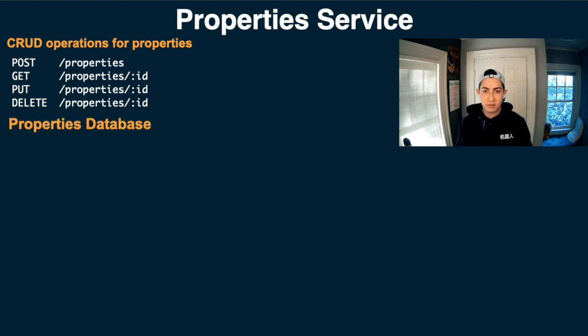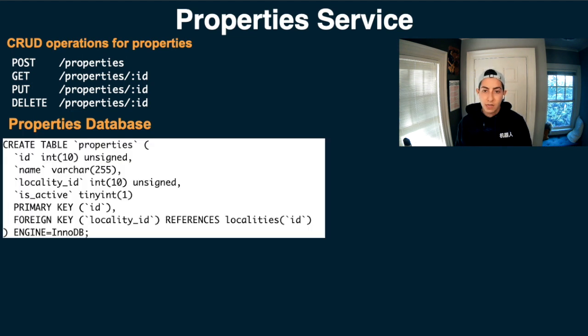So let's talk about the properties database and what we might expect to see in the database for the properties. Here I have, this is MySQL, and I'm just creating a table, properties. The important things to note here are that we have an ID, a name, and a locality ID. This is a foreign key, which, if you've never heard of this, that's okay, but it's a very powerful concept.